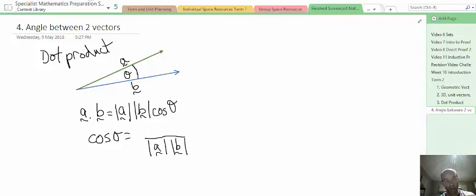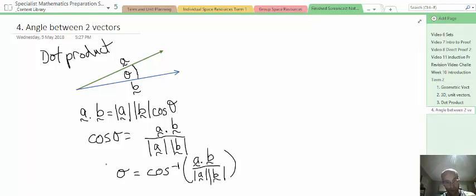If we do it on the left hand side, we get what I'm writing now. So the dot product divided by the product of the two magnitudes will give us cos theta.